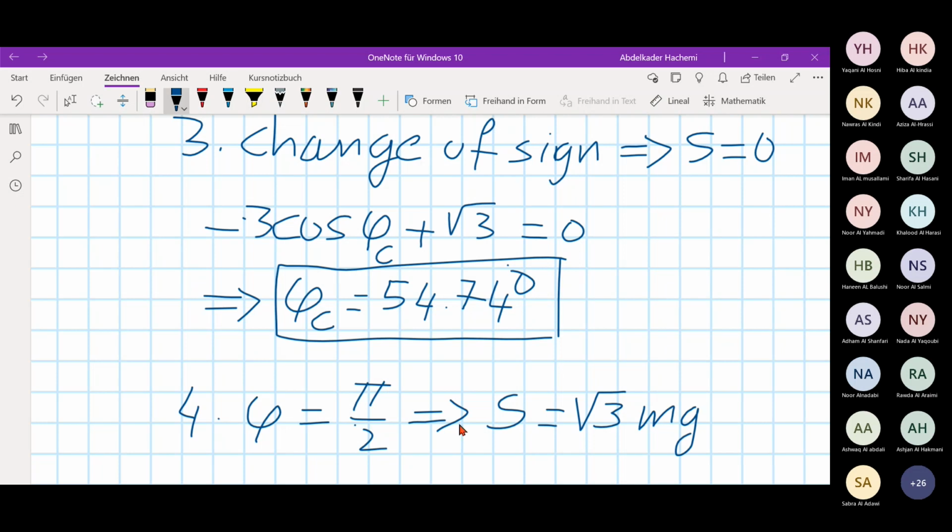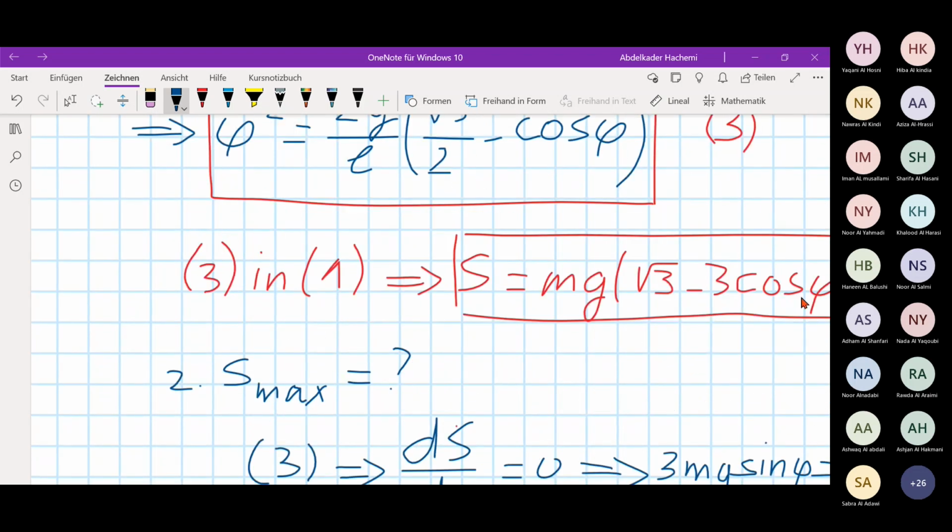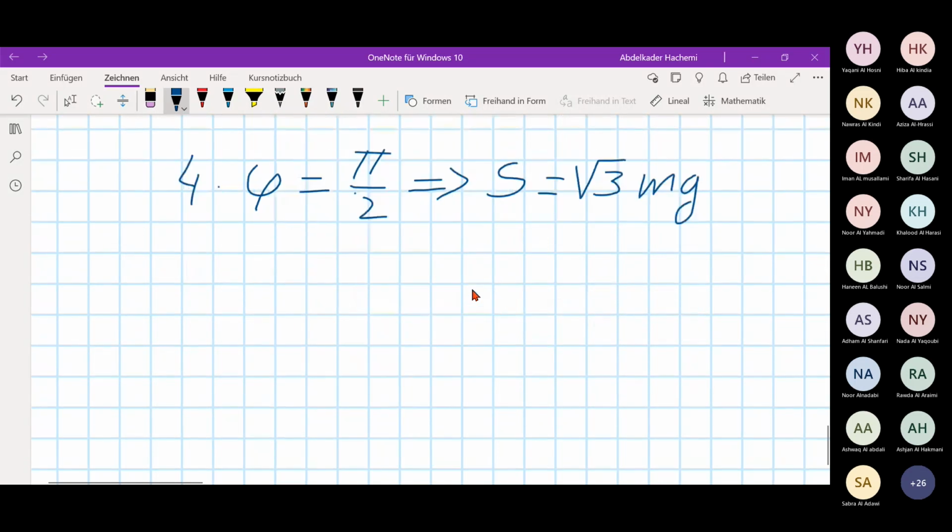This is what is asked for in the fourth question. It's only to replace phi by each value in this relation here, and you get the rod force for pi divided by 2.